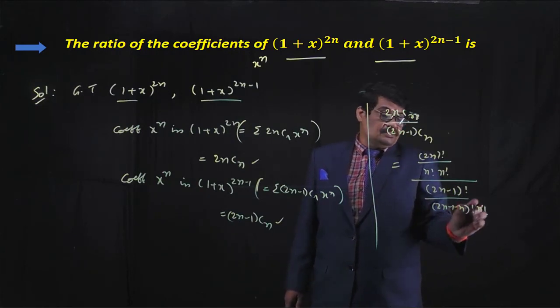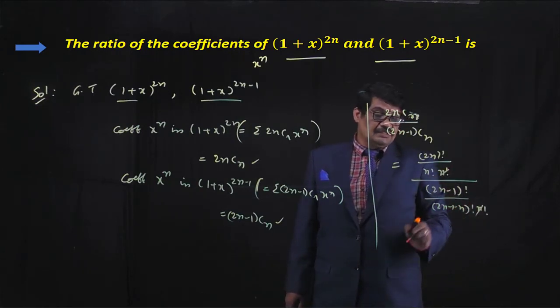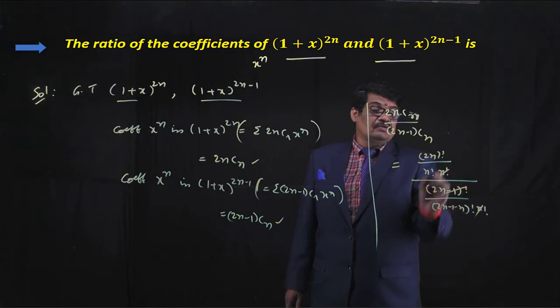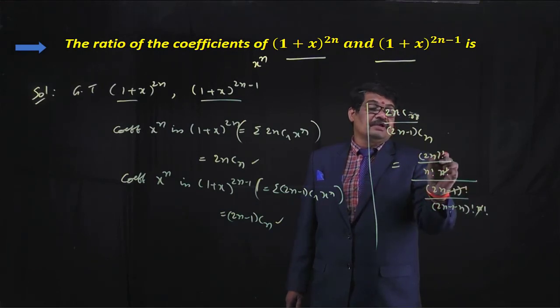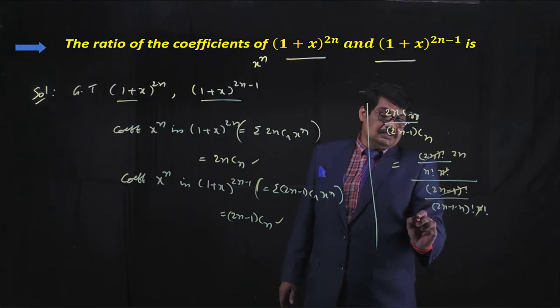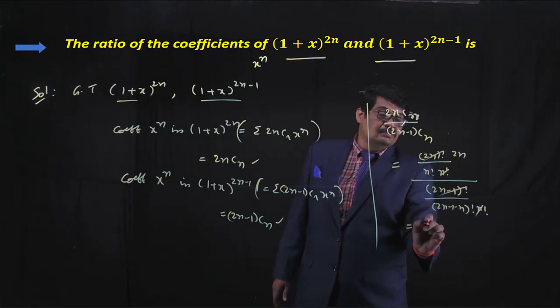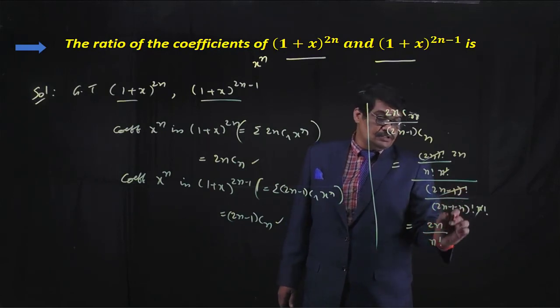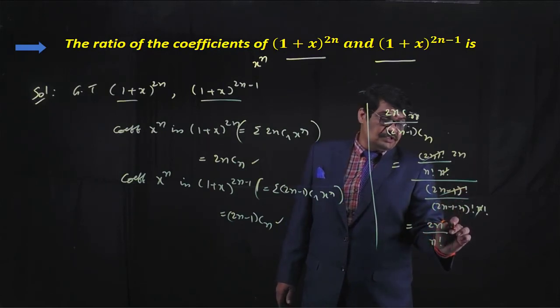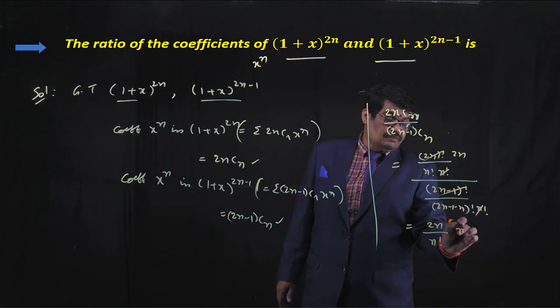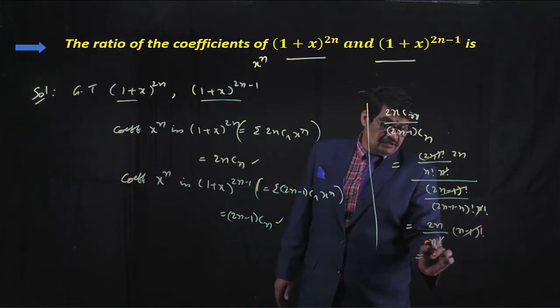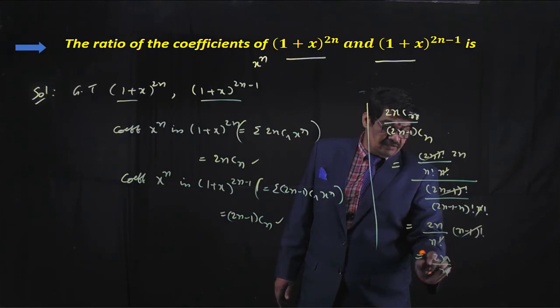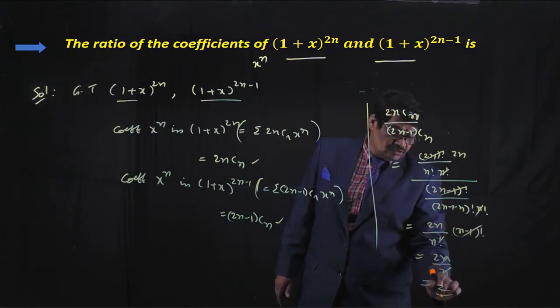From this, n factorial will be cancelled, and n minus 1 factorial will be cancelled. We are getting 2n by n, so n cancels, and we get 2 is to 1.